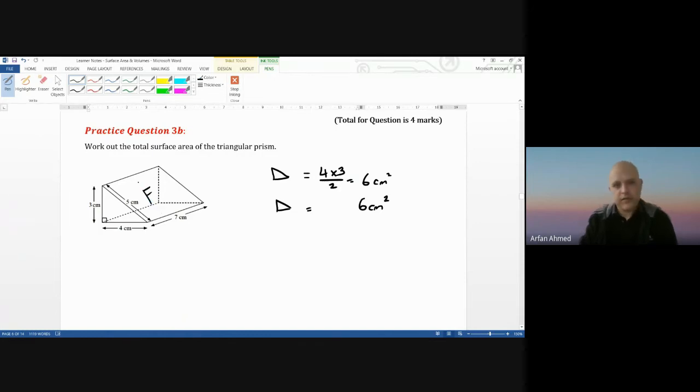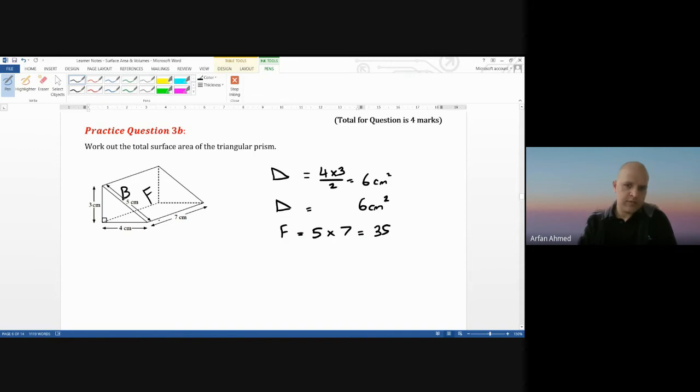This bit, it looks like a little slidey bit. It's the shape of a rectangle, which is 5 times 7, 35 for that. The back is that bit there.